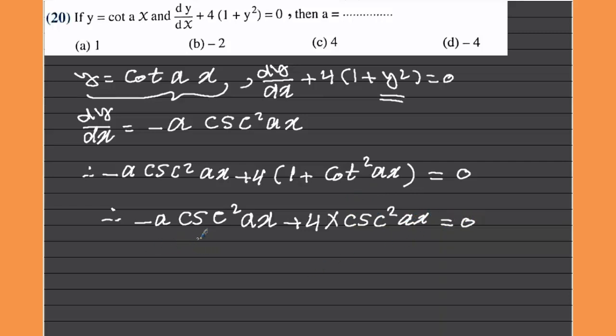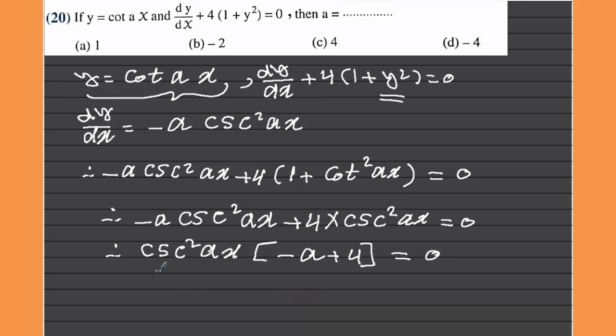And here we can take cosec square ax as a common factor. Then we can write cosec square ax as a common factor multiply negative a plus 4 equals 0.